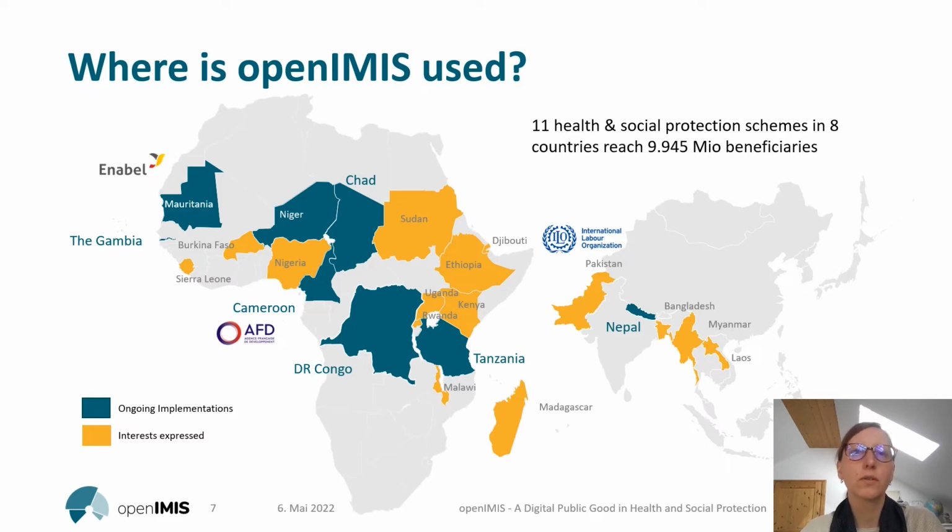And what you can also see, there are some logos added here. openIMIS is not only implemented with funding by the German and Swiss Development Cooperation, but also with funding by the Belgian and French Development Cooperation, the European Union, and the World Bank. And there are also other implementing agencies next to GIZ, like for instance, Enabel and the French agency AFD, as well as the ILO.